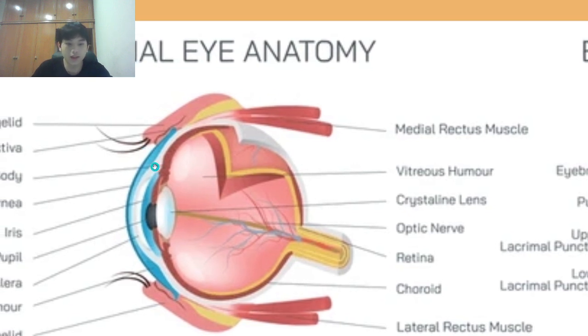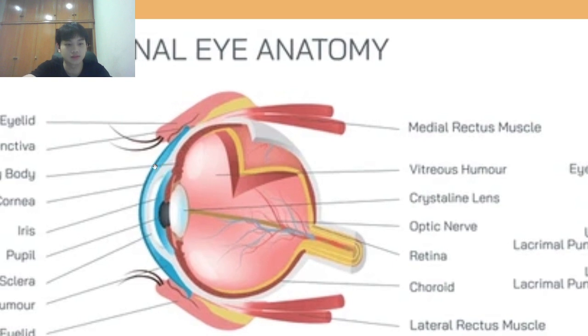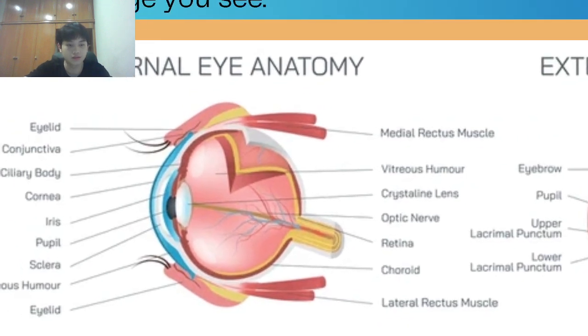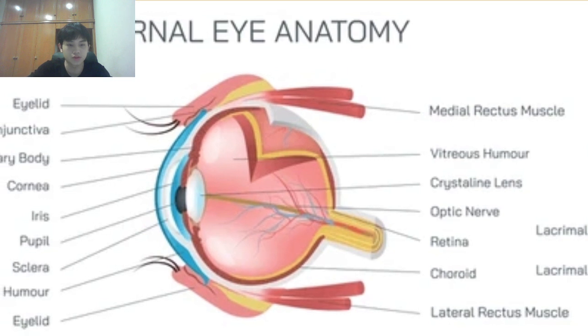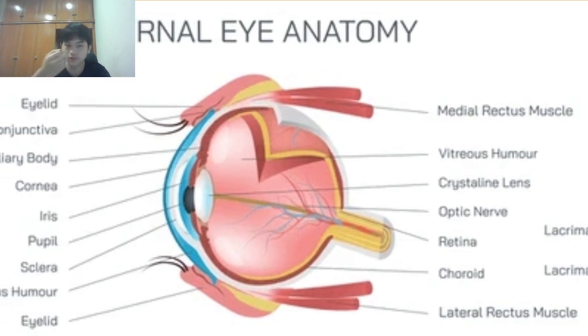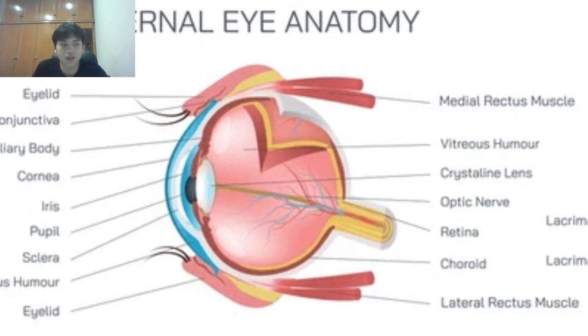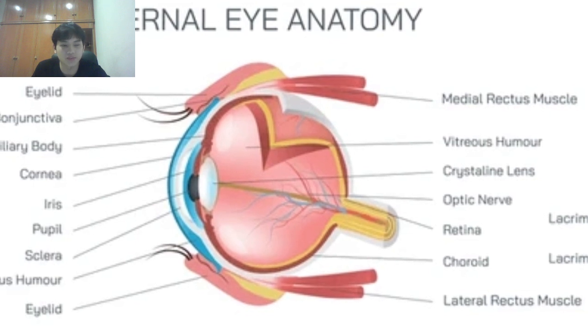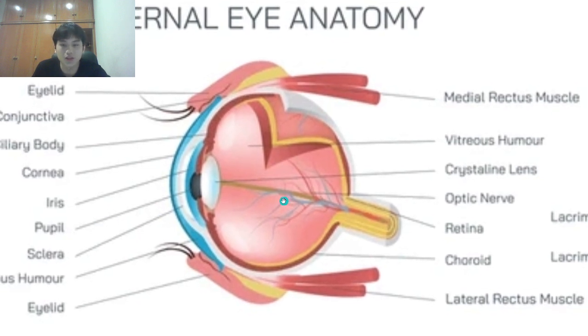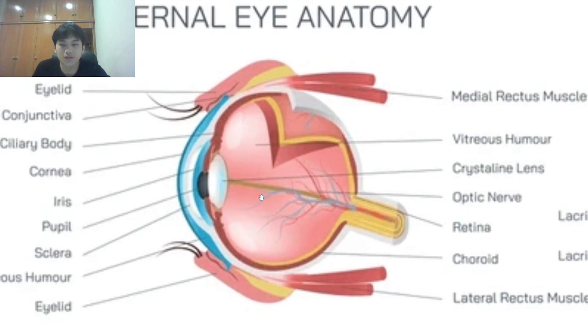And then the iris. The iris is the most colorful part of the eye. In Western countries, the iris tends to be different colors. Some are green, some are blue, in rare cases. And for Asians, mostly black and brown. It controls the size of the pupil and regulates the amount of light entering the eye.